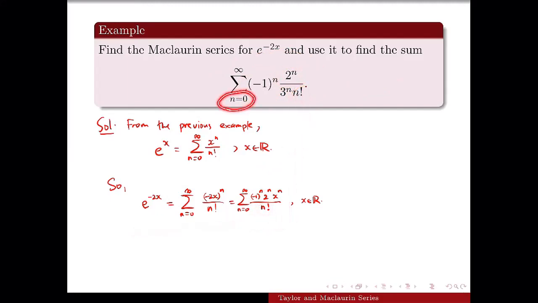You started from n equals 0, here the starting point is also n equals 0. So what's missing? This 3 to the n in the denominator. But we have here x to the n, the variable here. So this must be used in order to find that 3 to the n in the denominator.